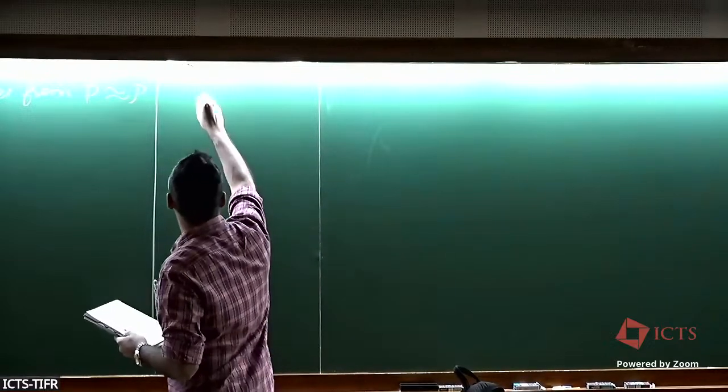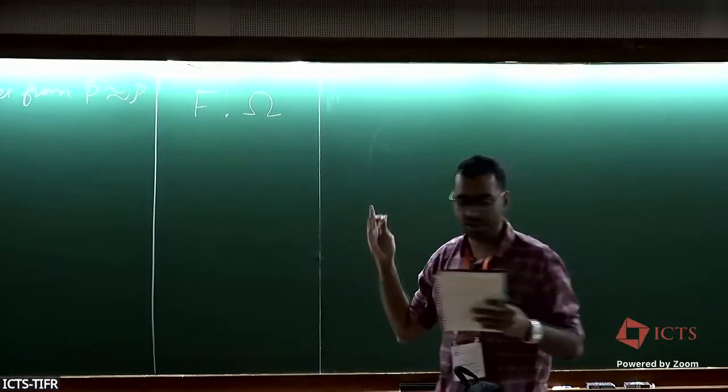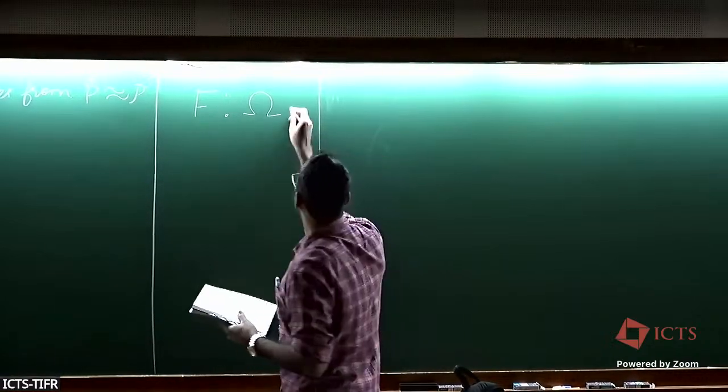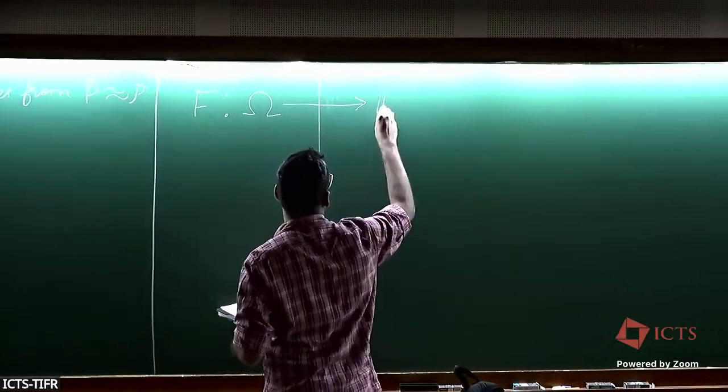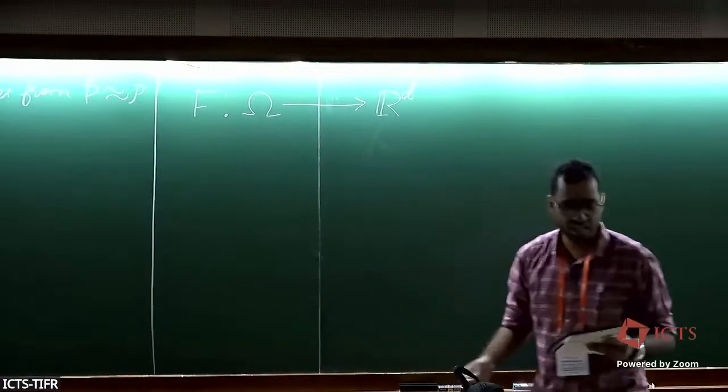Okay, so you have a function f from a space omega. Omega is usually called the measure space, probability space. We can think of it as a source of randomness, and you have a map to R^d. Okay, it's a d-dimensional real valued space.